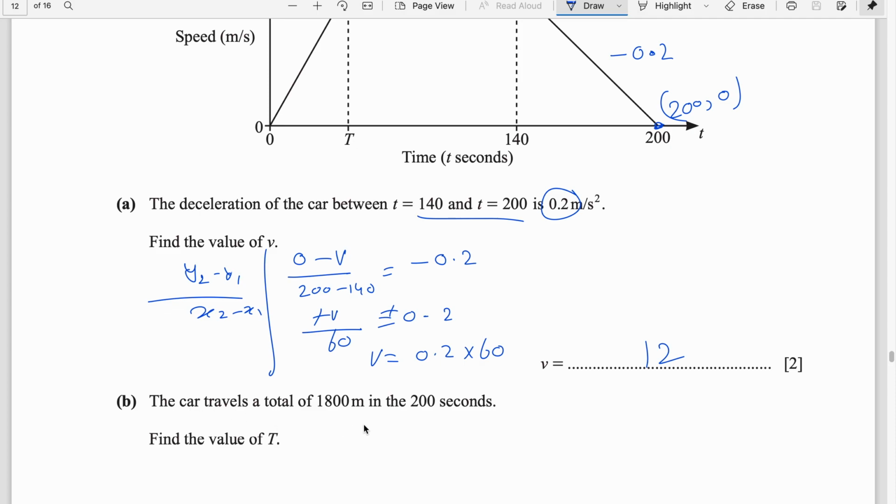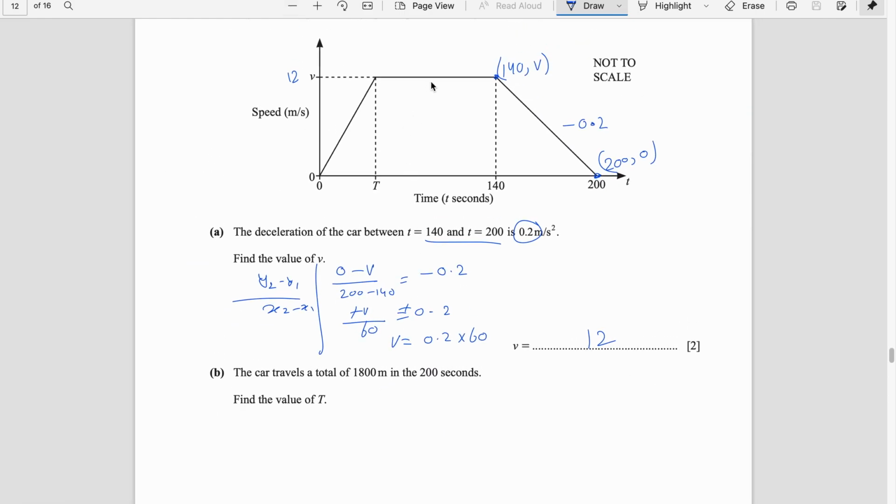The car travels a total of 1800 meters in 200 seconds. Find the value of t. The area under the graph will give you the distance. So we need to write the formula for this shape, which is a trapezium. So this is 1 by 2 times side 1 plus side 2 times height is equal to area. Side 1 is 200.